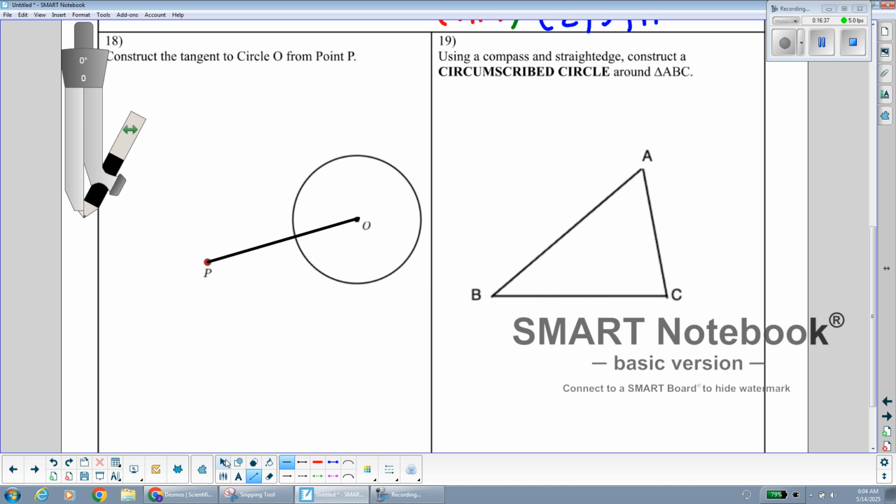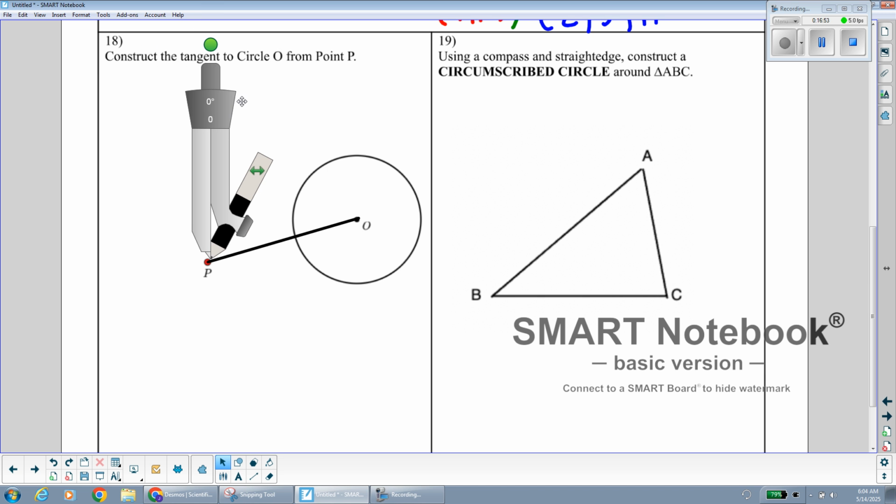And I'm going to keep in mind that when we have tangents drawn from an external point to the circle, there's usually two possible tangents. There's one that goes this way and one that goes this way, and they're both congruent to each other.